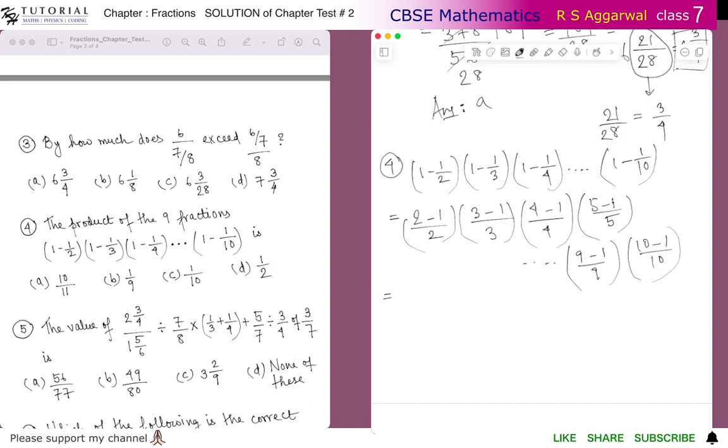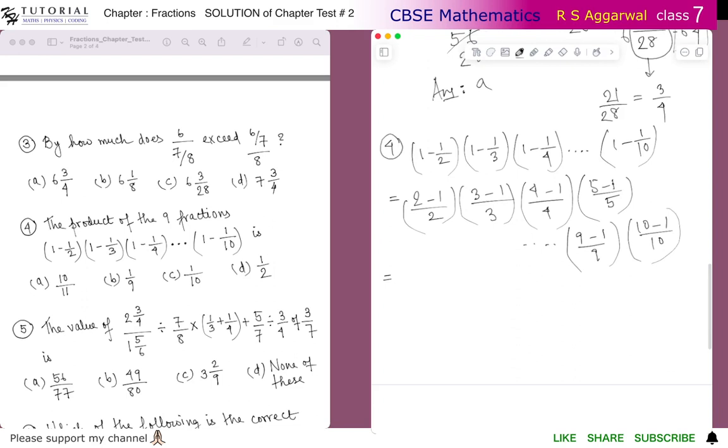I'm not explaining how I am doing the subtraction of 1 minus half and 1 minus 1 by 3. You can clearly do that by first converting them to like fractions, and all those steps I hope you are aware of. By now you should be very familiar with subtraction and addition of fractions.